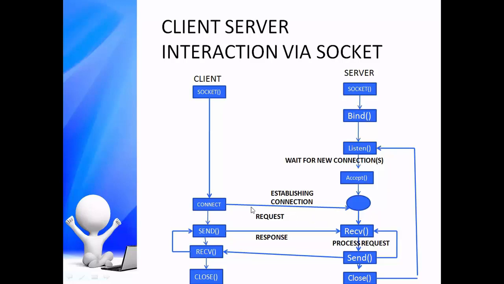Then the client and server enter into a request-response loop. The client process sends data to the server process and the server processes the data and returns a response to the client. When the client process finishes, it exits by closing down the connection.